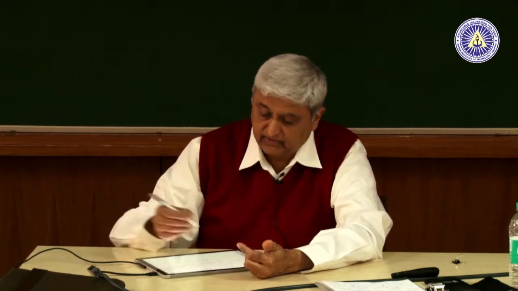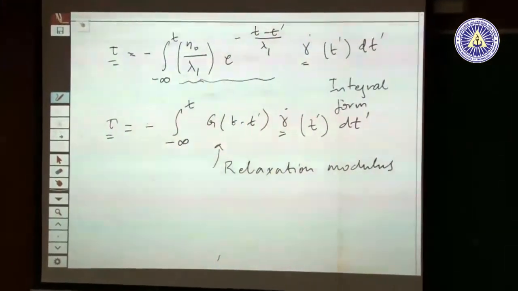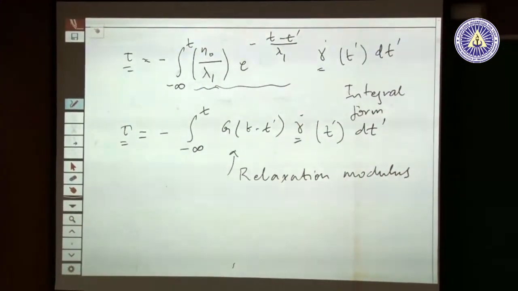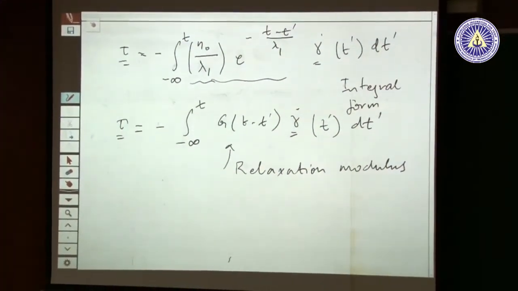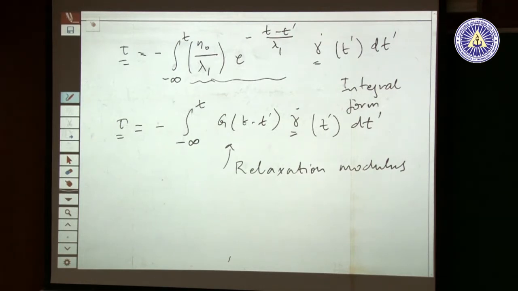And continuum theories do not give you the forms of these equations. We have seen here a very specific form for the relaxation modulus of a Maxwell model, but you can imagine if you have other models, you need specific forms for how the memory decays and so on. And that is where polymer kinetic theory is used.